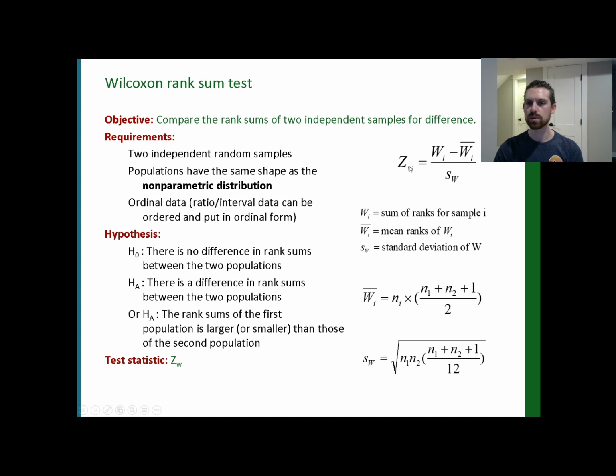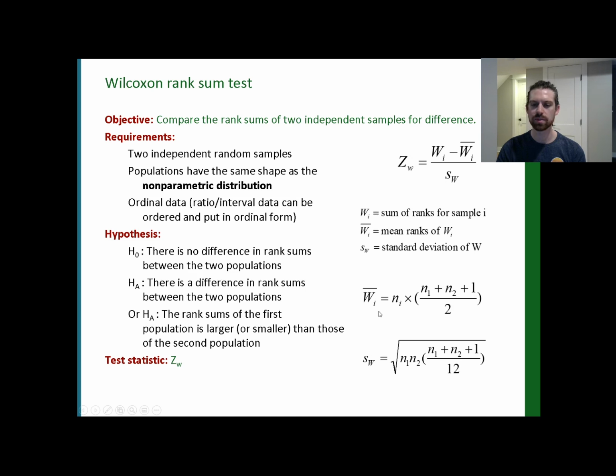So how do we get that ZW? Well, we need to take the mean rank W bar that we're going to produce and subtract it from the sum of the ranks for sample i, and then divide it by the standard deviation of the W value that we'll obtain. We get that W bar, that mean ranks value, by multiplying this Ni, I believe that's the sample size, by the sample size for the first sample plus the second sample plus 1, added together, divided by 2.